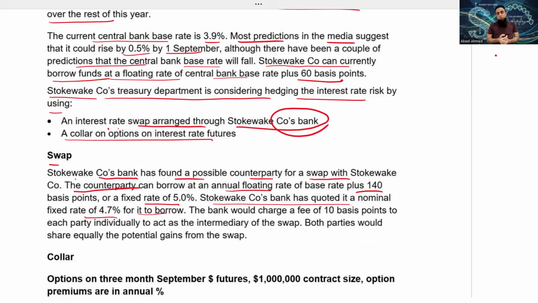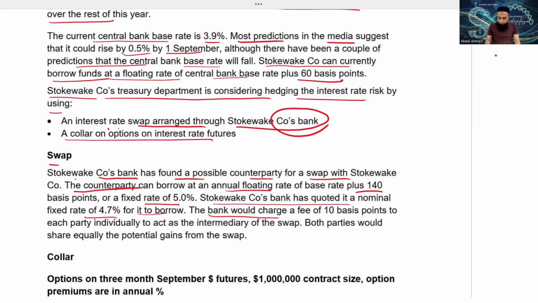Stockway can borrow in floating rate at base rate plus 60 basis points. On the other end, counterparty is base rate plus 140 basis points. Fixed rate of Stockway company is 4.7% and fixed rate of counterparty is 5%. So clearly we can see that Stockway definitely has a better credit rating than the counterparty.